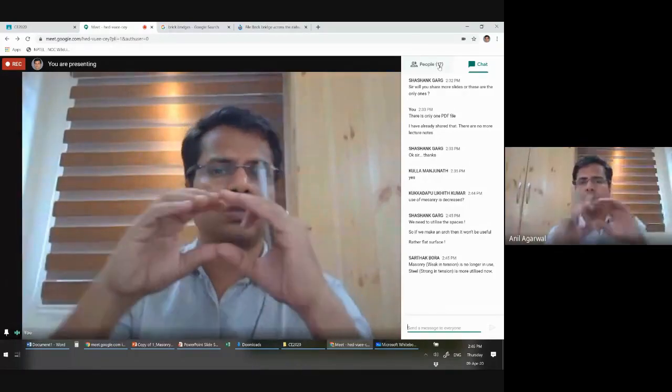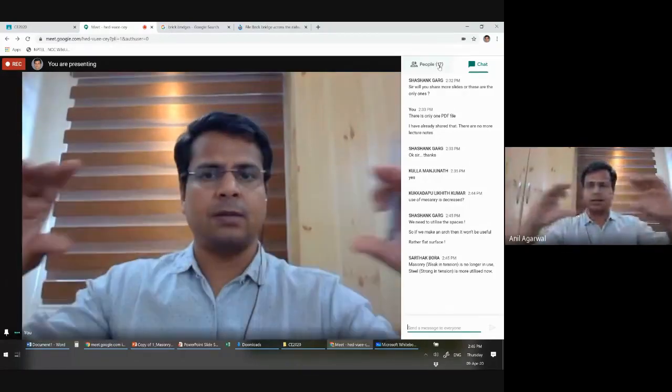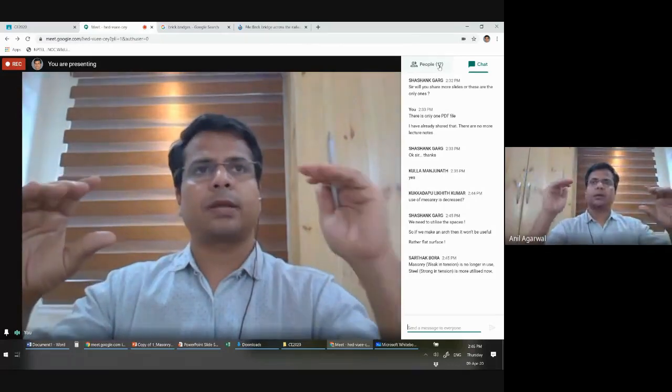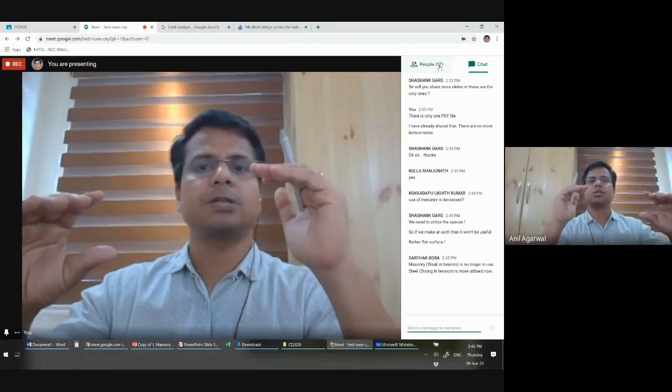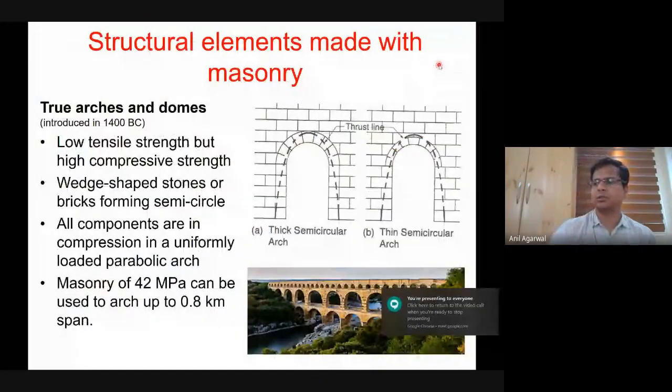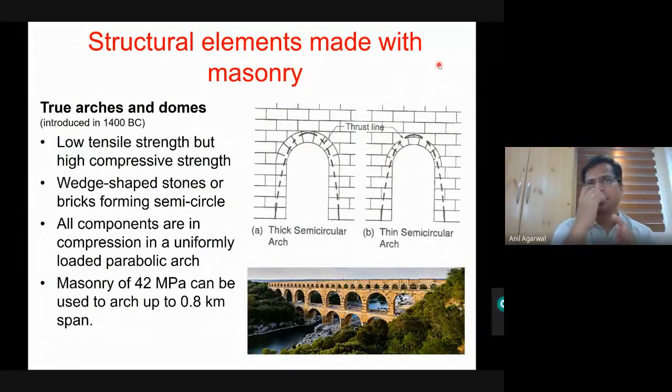Now they could simply provide a flat, straightforward element, and the element itself can carry tension as well as compression. So steel was the major invention. It's not that they did not know that steel existed. They had not figured out how to use steel with these materials so that they did not have to worry about tension.